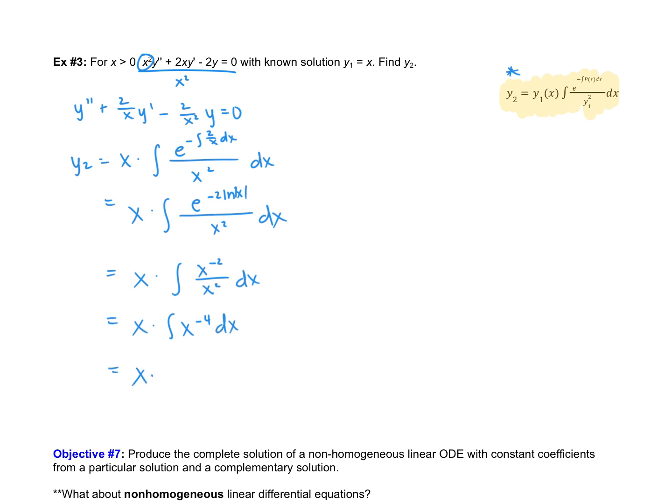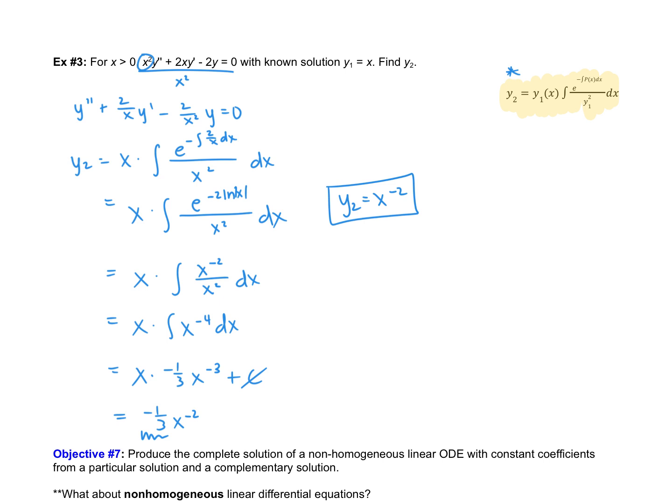So this is x times negative 1/3 x to the negative third plus c, but we don't care about that constant. So this is negative 1/3 x to the negative second. Again, don't care about that constant. Now for our second solution, we don't care about this constant either. So our second solution is x to the negative second.